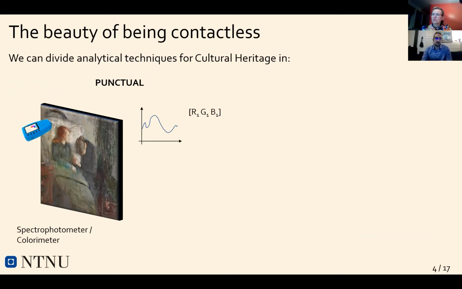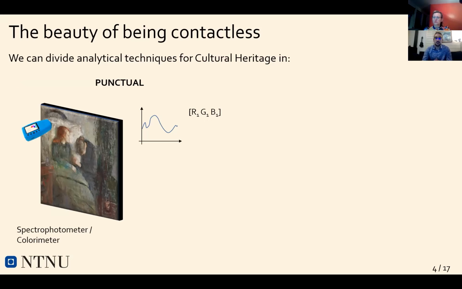We can divide the analytical techniques in cultural heritage into two branches, let's say. We can have punctual analysis, for which we have a painting and we want to understand some properties, so we go point by point and scan a single small area.